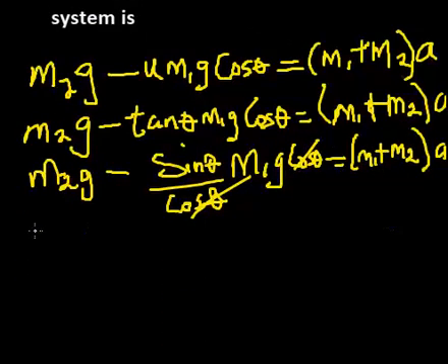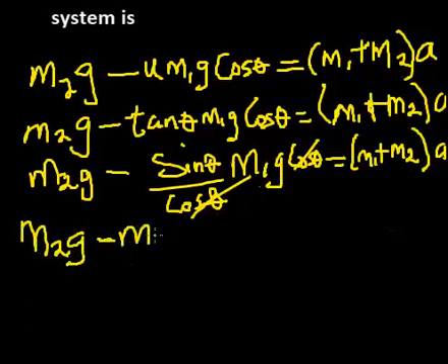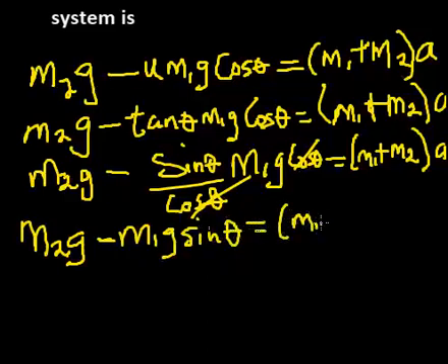So what you now have is M2G minus M1G sin theta. That's for an inclined plane. That's how we actually derive the net force for the dynamic friction. M2G minus M1G sin theta is equal to M1 plus M2 times A.